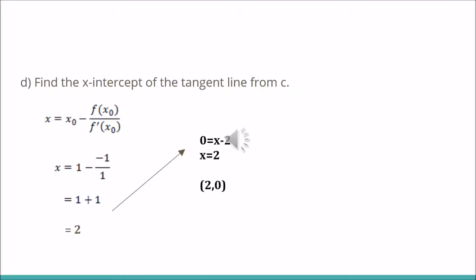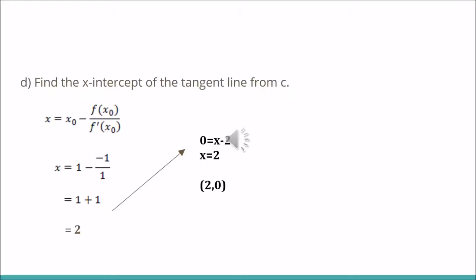Our point is x equals 1, so x naught will equal 1. We evaluate f of x at 1, f prime of x at 1, and subtract f of 1 divided by f prime of 1. And we are left with x equaling 2.